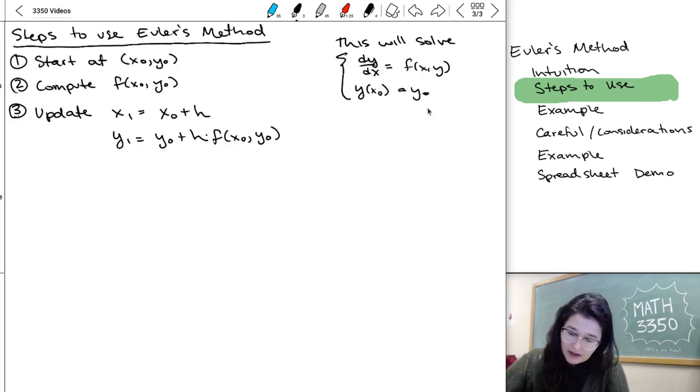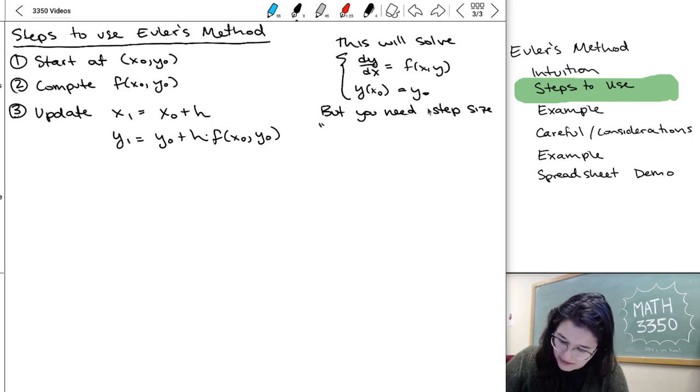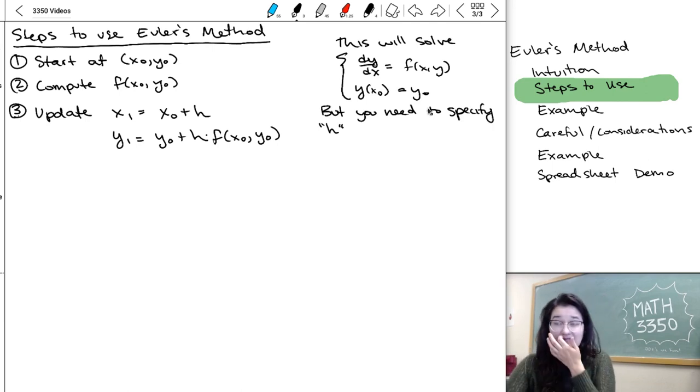So just a note here, you're going to need a step size, which we've denoted here as h. You're going to have to specify it, or sometimes it's given in the problem.